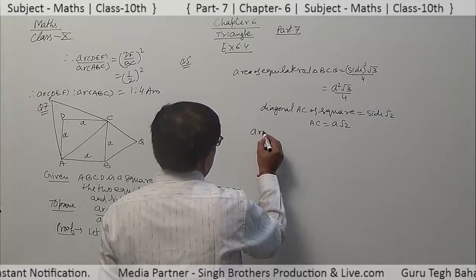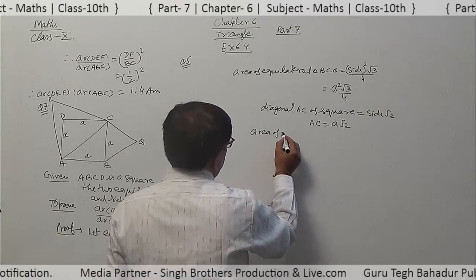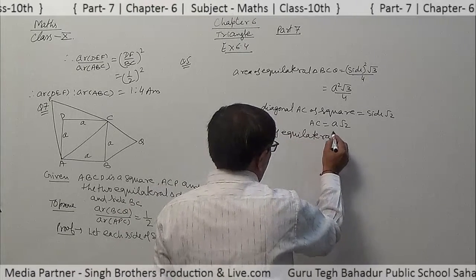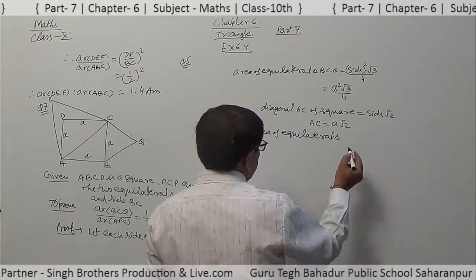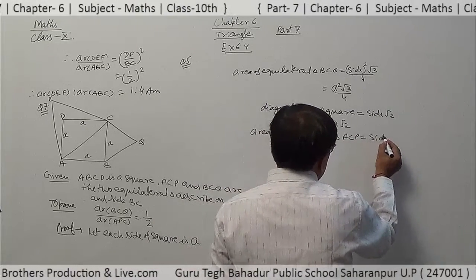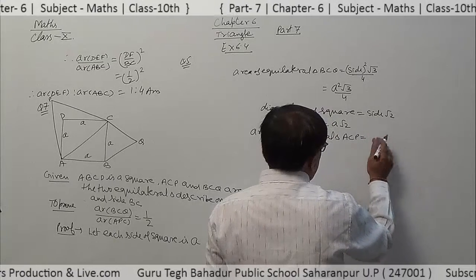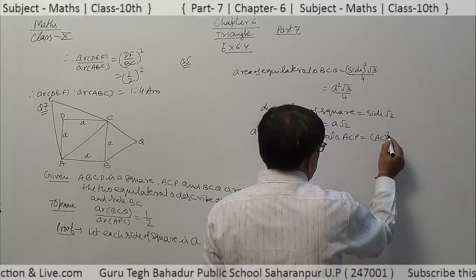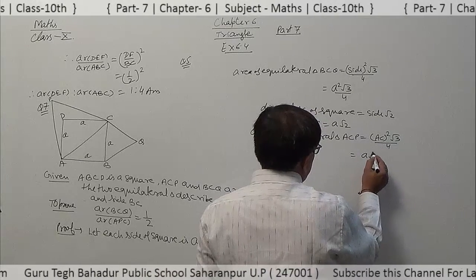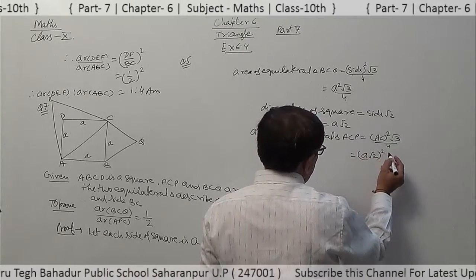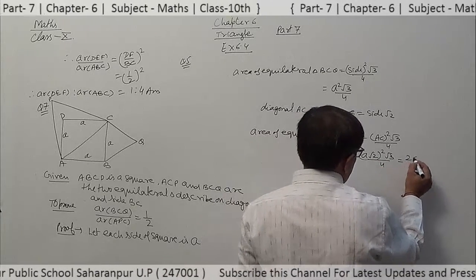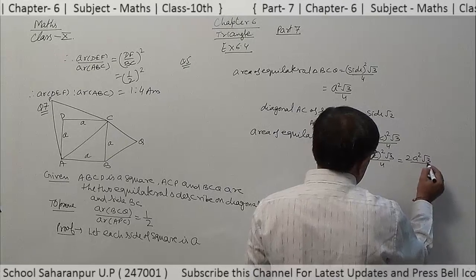Area of equilateral triangle ACP is also AC squared root 3 upon 4, a root 2 squared root 3 upon 4, that is 2a squared root 3 upon 4.